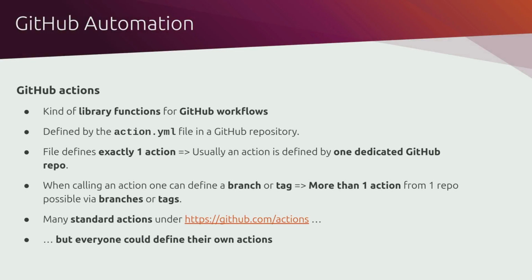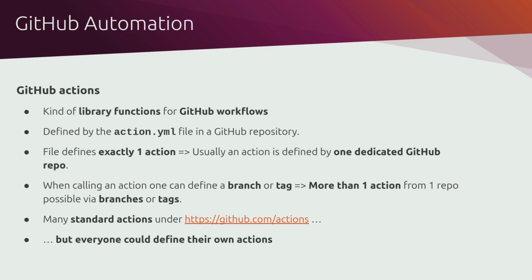So a GitHub action is a GitHub repository which has some executable program scripts inside. In this repository, you don't have one in your examples because we use one of Canonical's, is a file named action.yaml in the main directory.